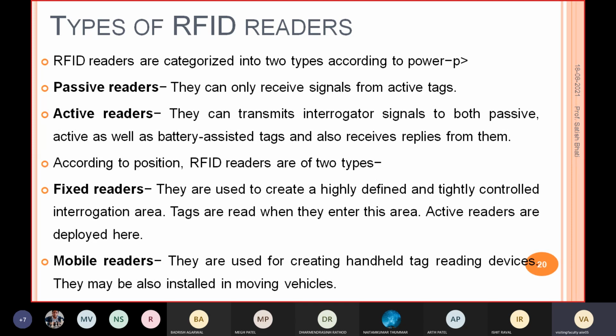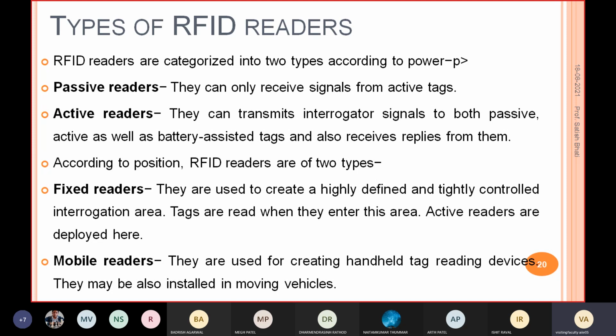Whenever your area is not defined, and the place of the objects you have attached tags to is not defined, meaning you want to cover a large area, then you can cover it through this mobile reader.